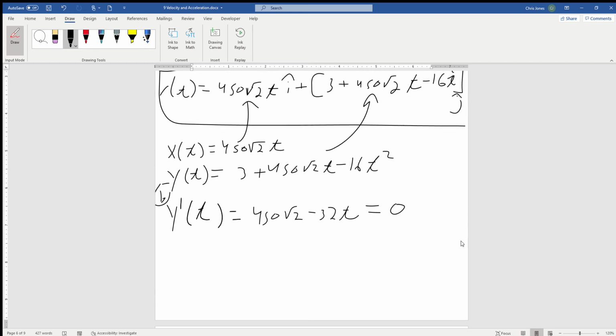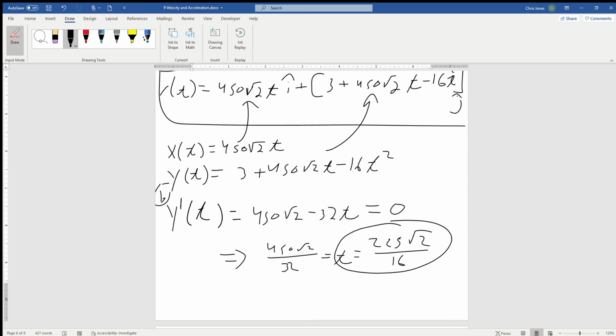If we solve for t, this implies that 450 root 2 over 32 is equal to t, and 450 over 32, I think that's going to be 225 over 16, which it is. So that ends up being 225 root 2 over 16.